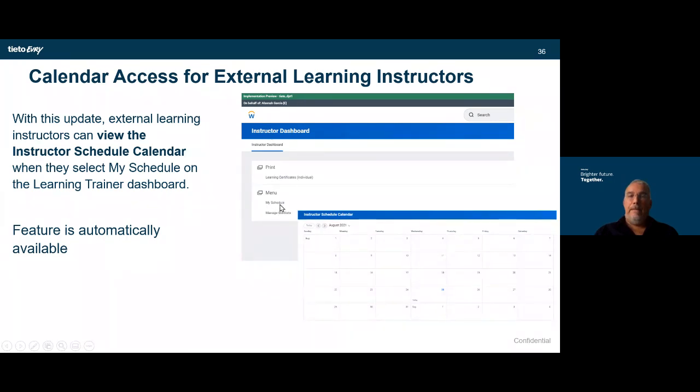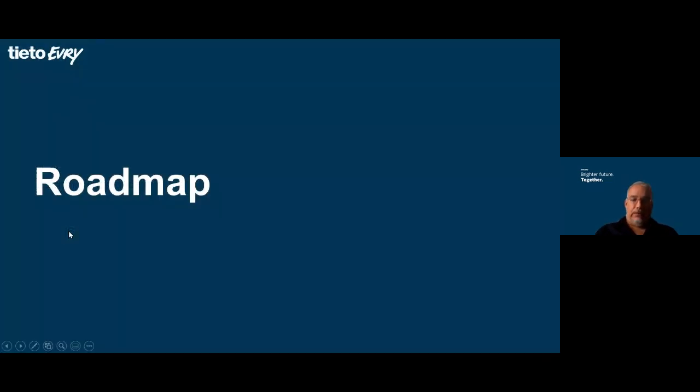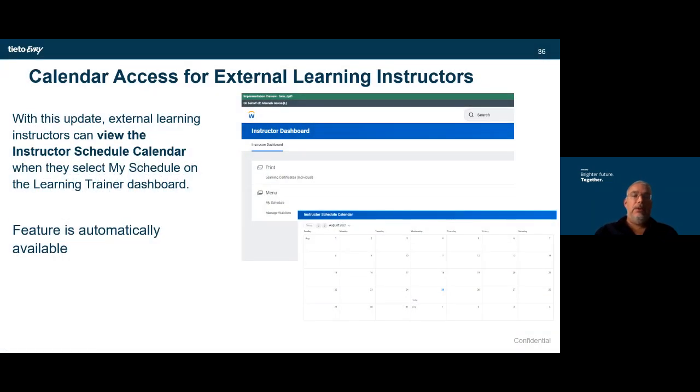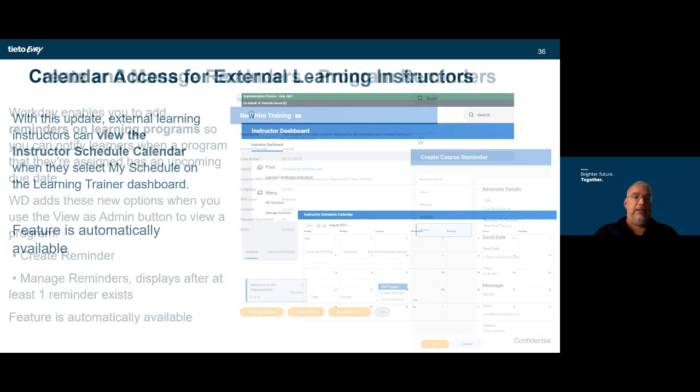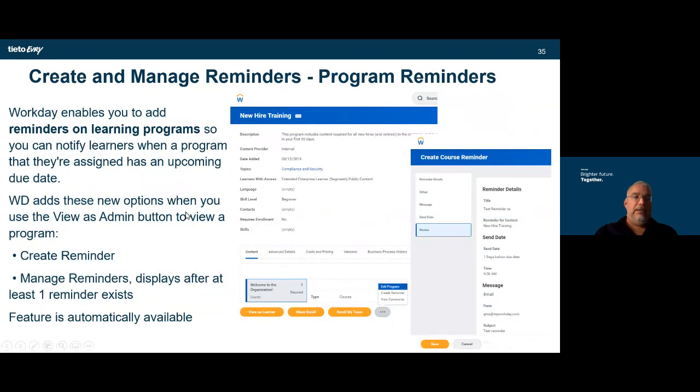There is now My Schedule available, so they can see the trainings they are instructors for if they have those assigned, in their calendars. This feature is automatically available, so no configuration is needed, which was the same for the reminders.